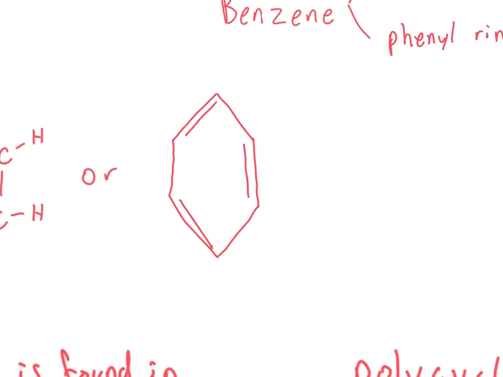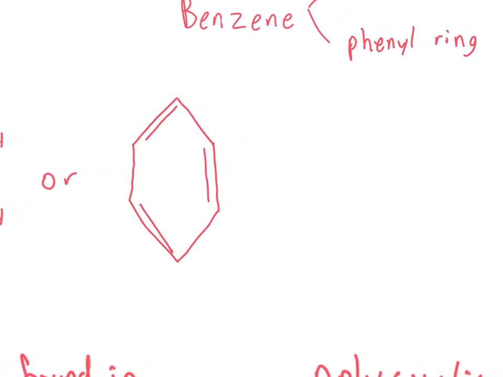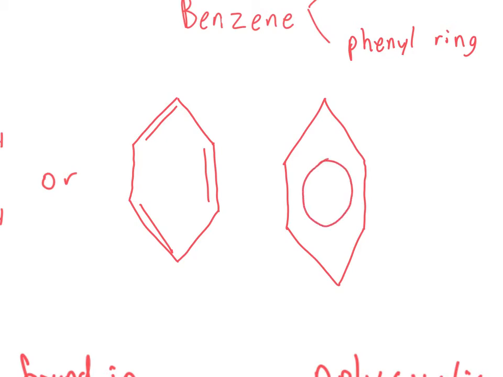Or the other way that we would show this is very similar. We would have our ring like that, and then the way we're going to show our double bonds this time is with a circle in the middle. And so those are the two ways that you're most likely going to see benzene shown in Science 30.